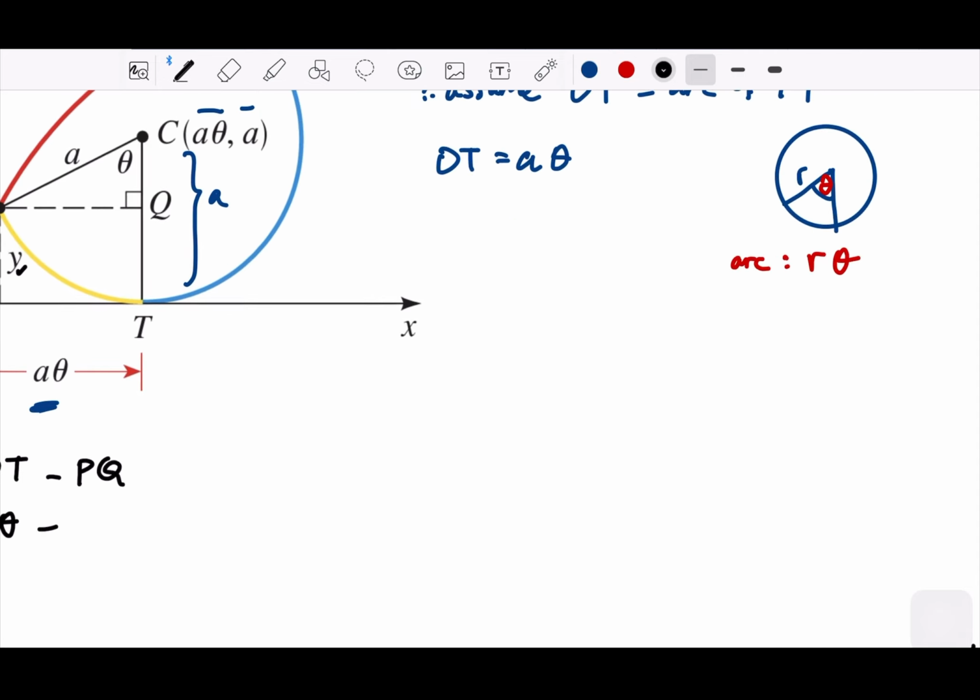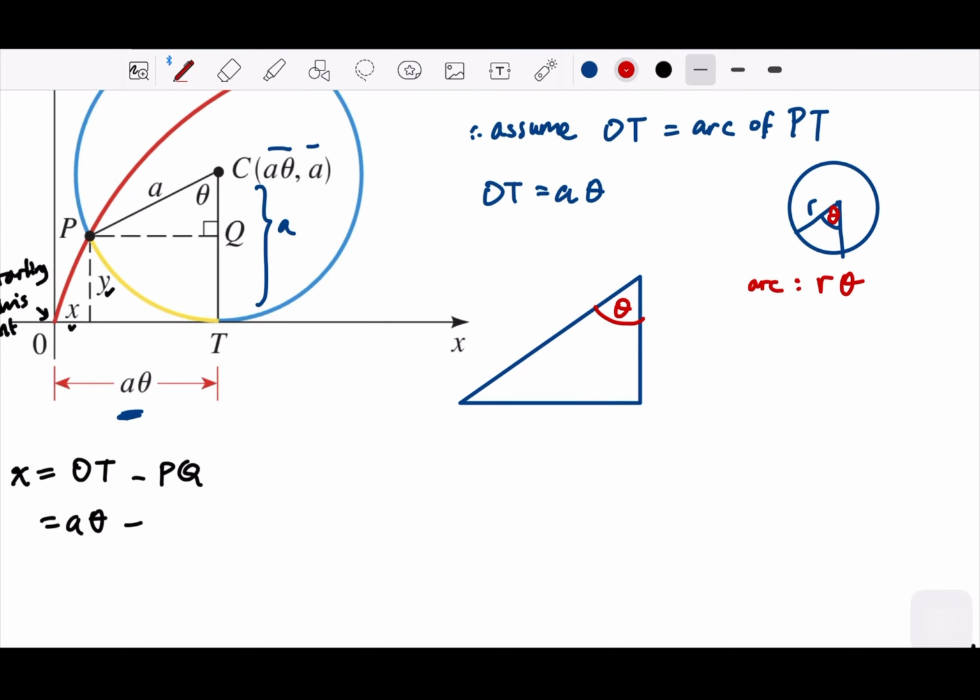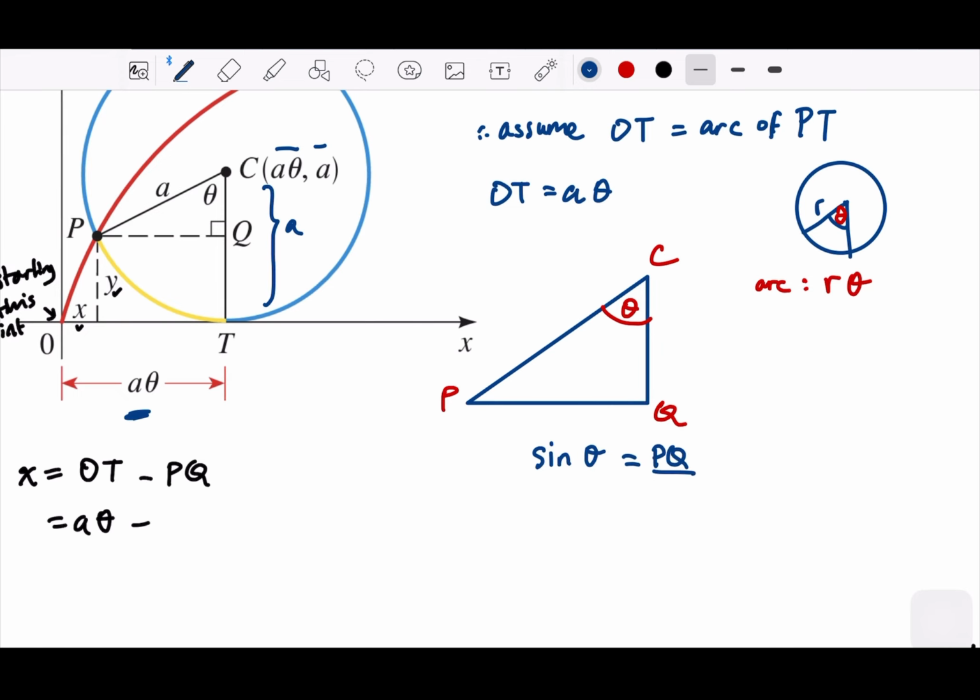Let's draw the triangle, with theta here, C, P, and Q. So sine theta is equal to PQ over PC. PC is A, so PQ is A sine theta. So we have A theta minus A sine theta, or A times theta minus sine theta.